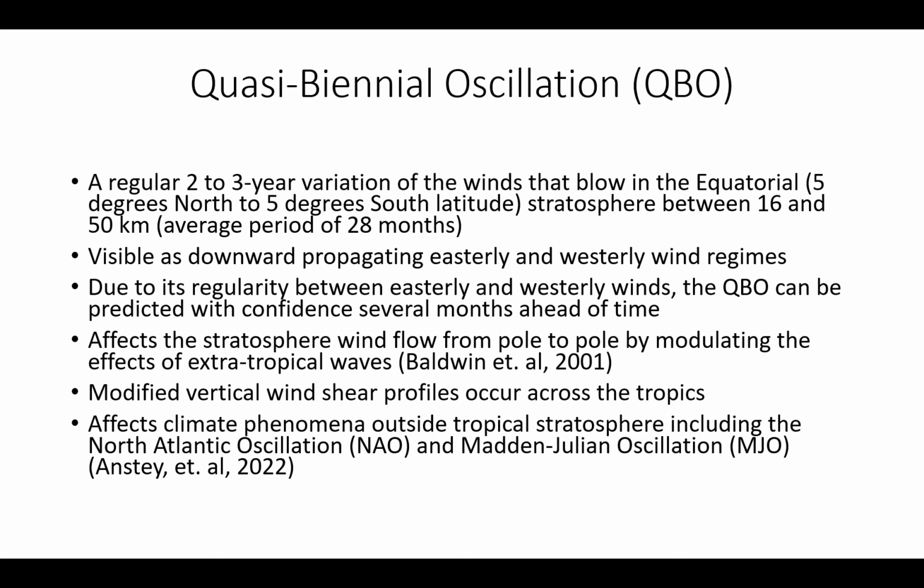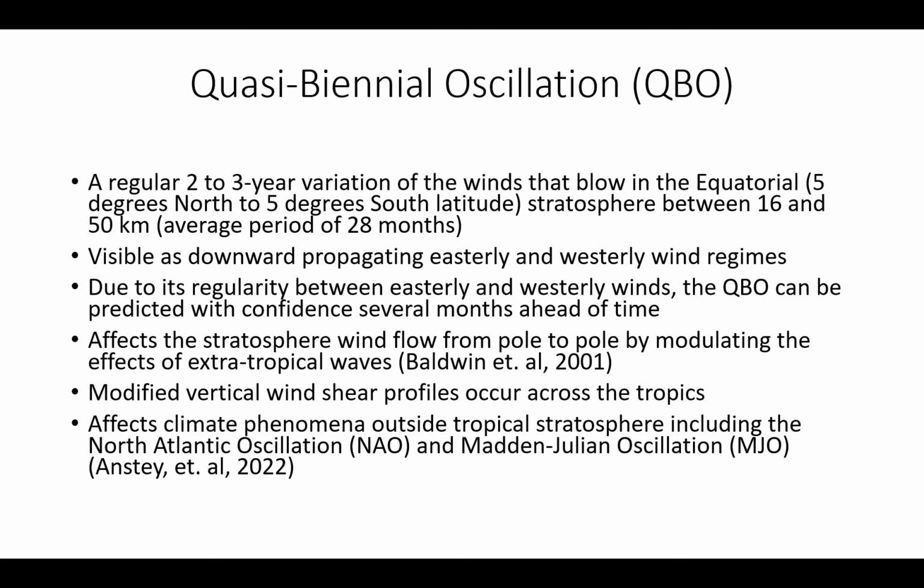It's a regular 2 to 3 year variation of the winds that blow in the equatorial region. Now, when I say equatorial, I'm referring to 5 degrees north latitude to 5 degrees south latitude. And these winds vary every 2 to 3 years, varying from east to westerly and back again.